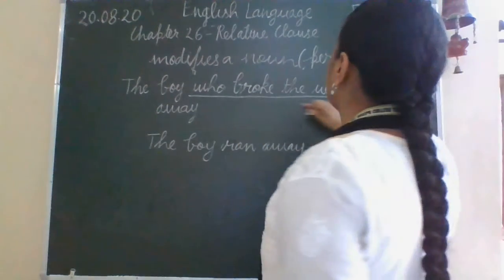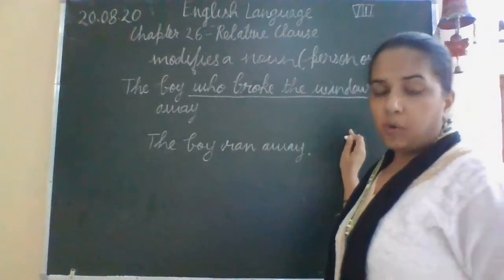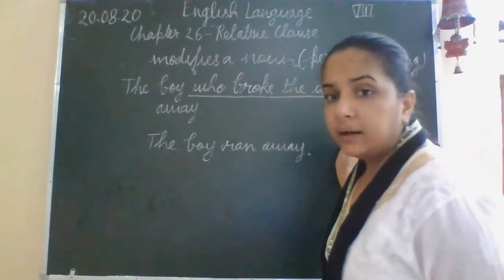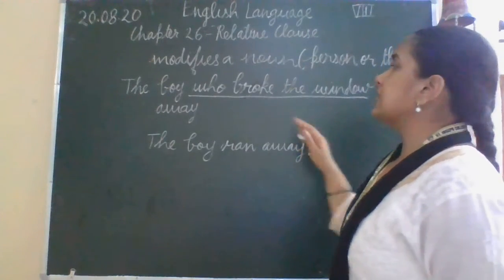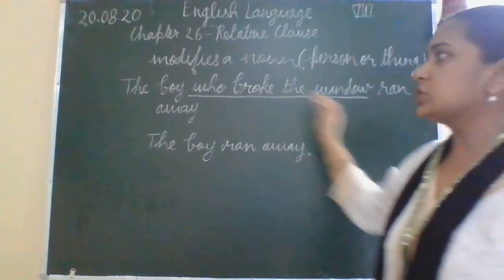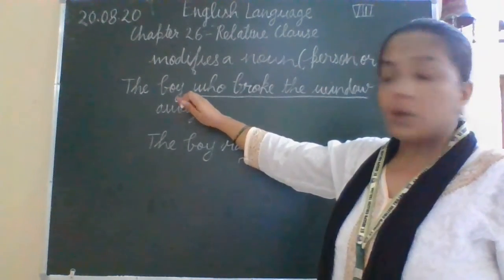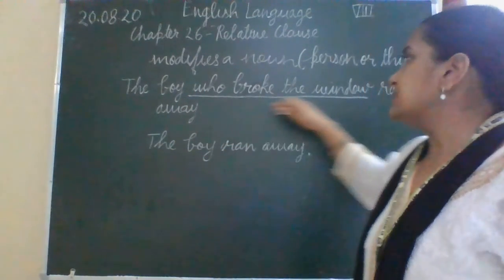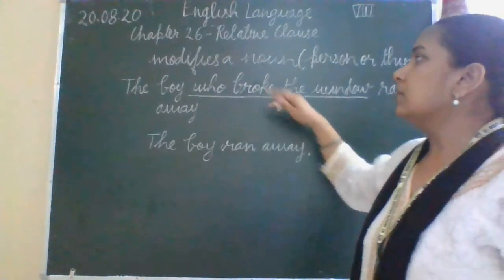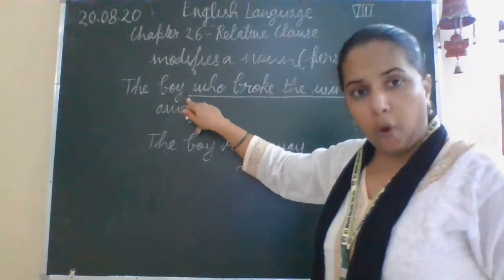And who broke the window is the subordinate clause, and here it is also the relative clause, because it is telling the relation with the boy. What is the noun? The noun is boy. So it is telling the relation with the boy.